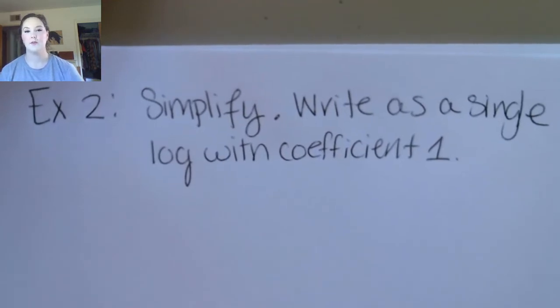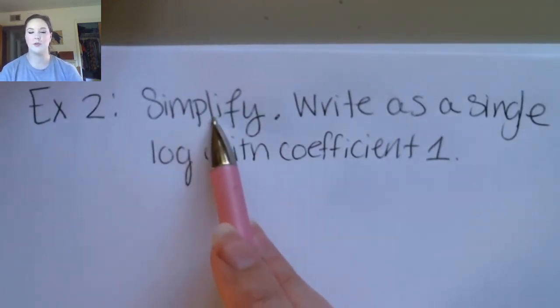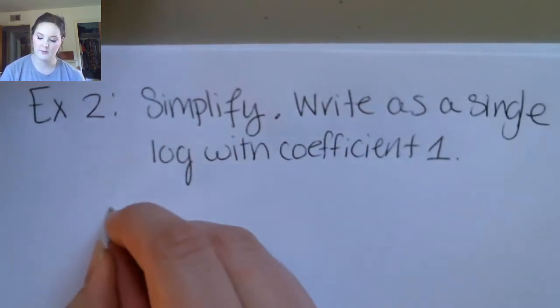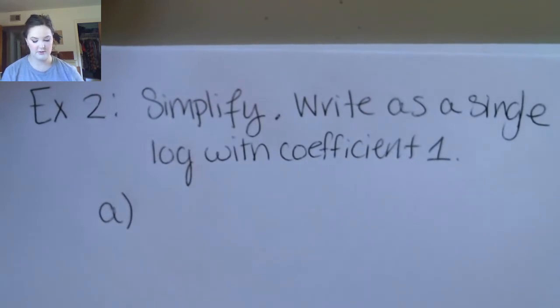Okay, so simplify is in general what we're doing, but to be super specific, it says to write it as a single log with coefficient 1. Okay, so we are going to do that. So let's look at an example.